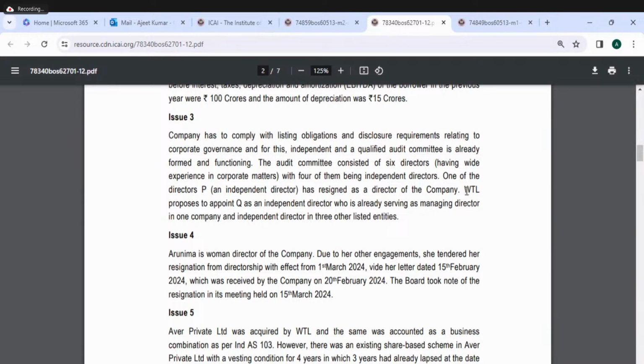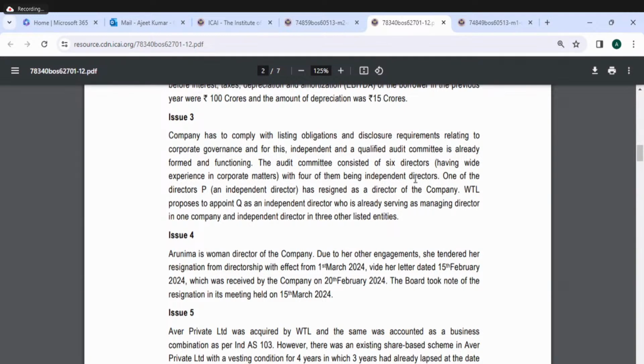So obviously now he cannot be appointed as an independent director in this WTL. So if he cannot be appointed, that means my purpose will not suffice. Okay. I hope you are clear with the issue that is there.